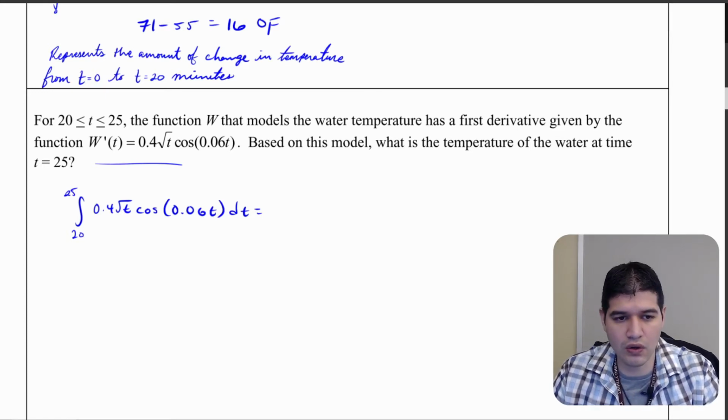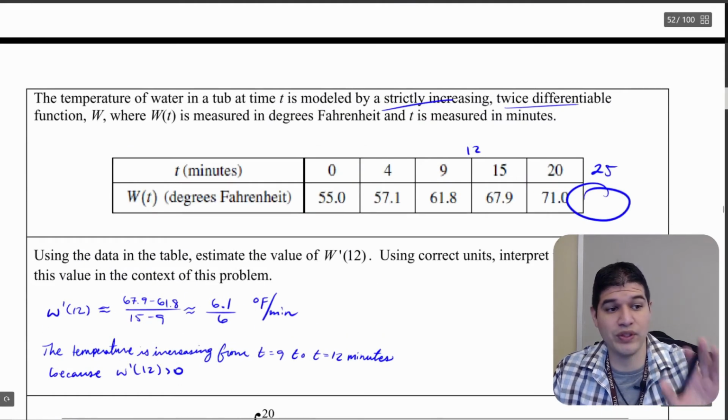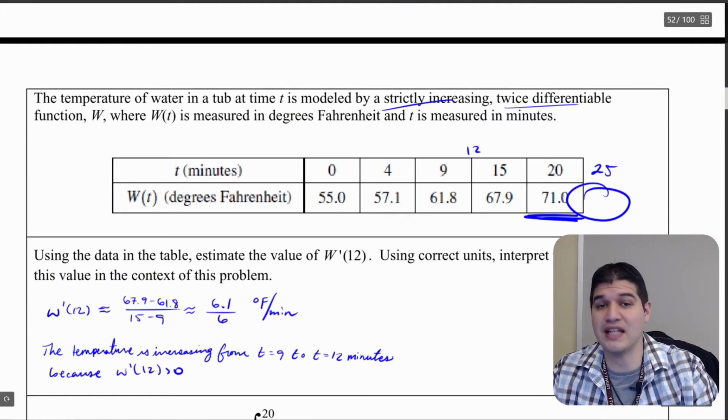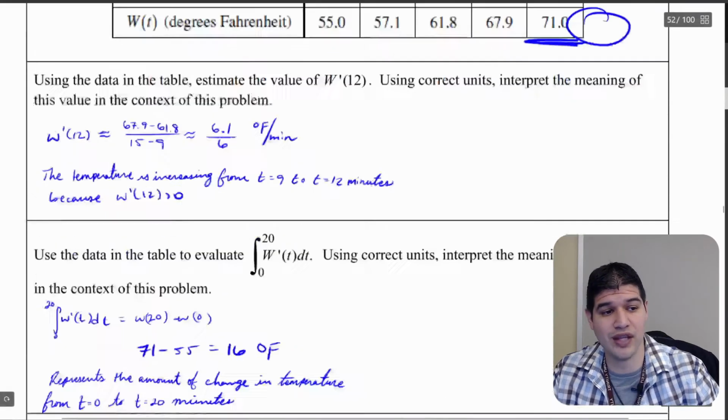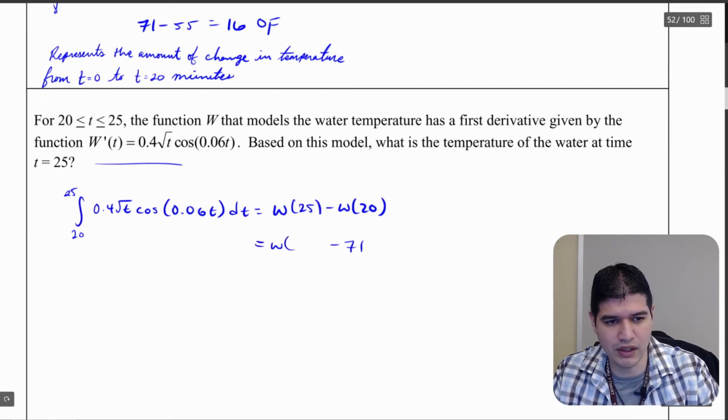This is going to be W of 25 minus W of 20. Again, I don't know anything about 25, but I do know what that 20 is. That's going to be 71, so I'm going to have minus 71 here, and I'm going to have W of 25.